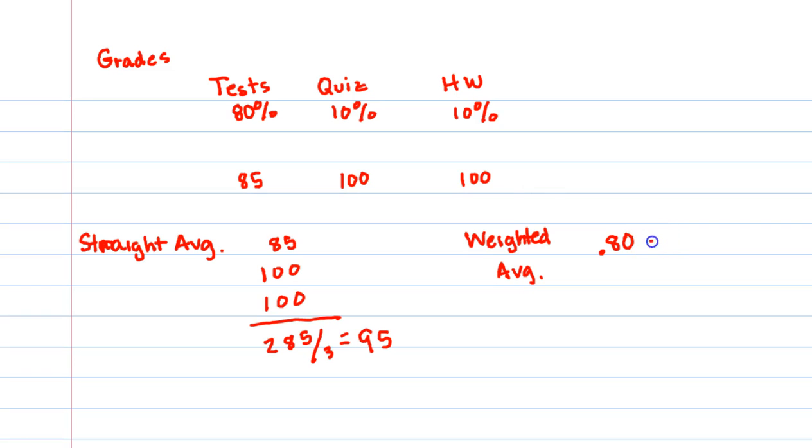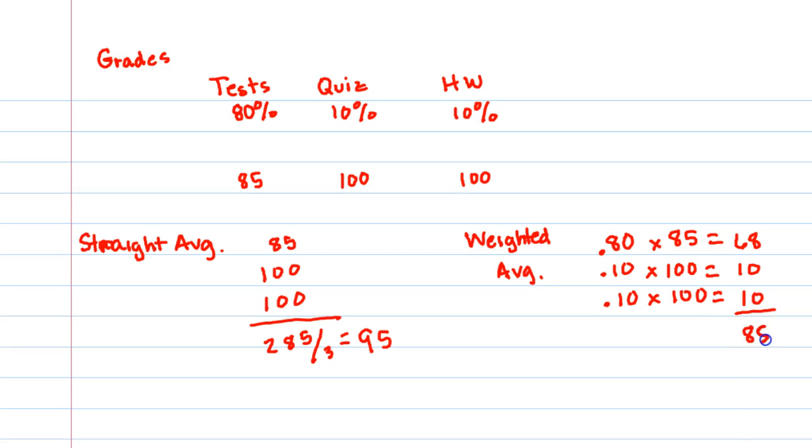So 0.80 times the 85 is going to give you 68 points from your tests. 0.10 times 100 is going to give you 10 points from your quizzes. And 0.10 times 100 is going to give you 10 points from your homework. So this is going to give you an average of an 88.